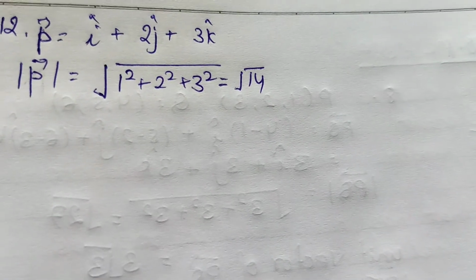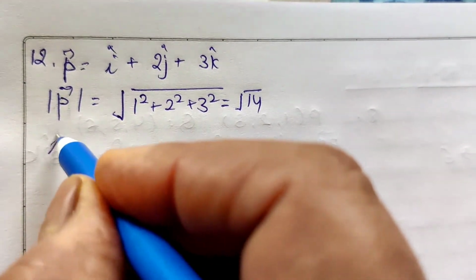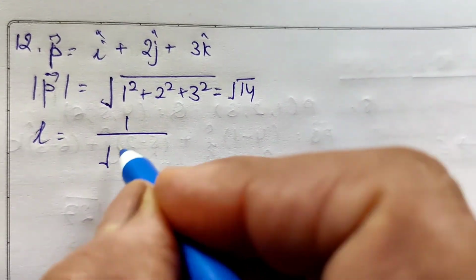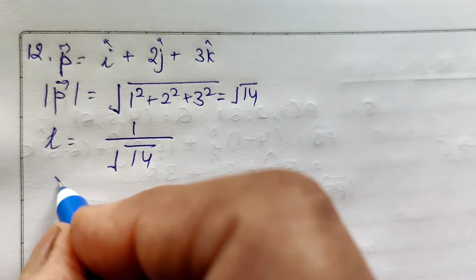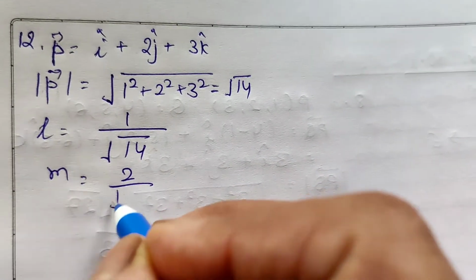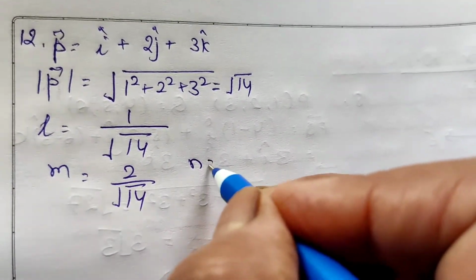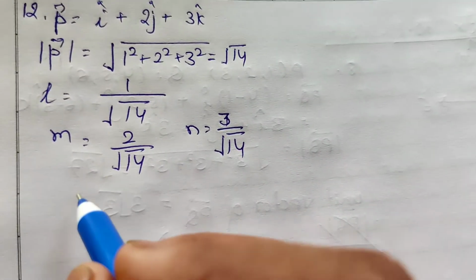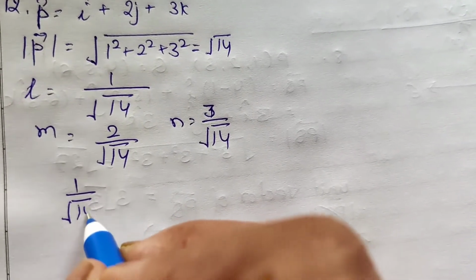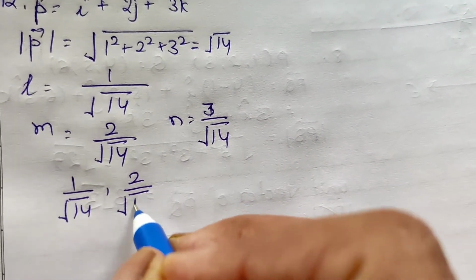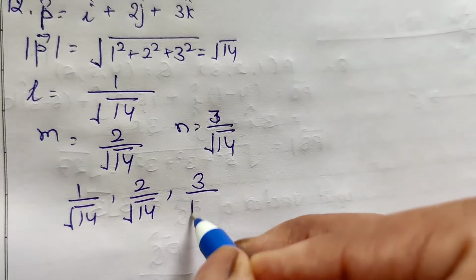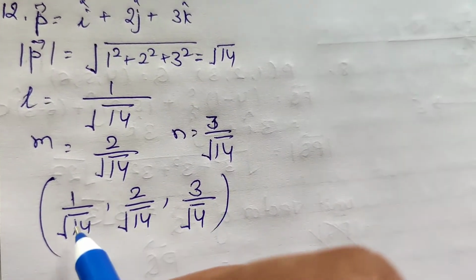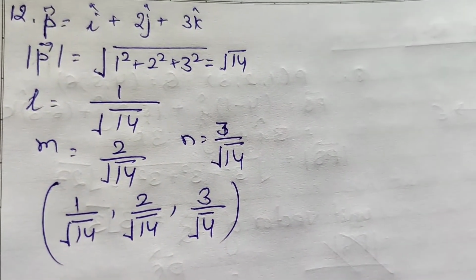Now the direction cosines l, m, n. l equal to 1 upon root 14, m equal to 2 upon root 14 and n equal to 3 upon root 14. तो डायरेक्शन कोसाइंस क्या हो गए? 1 by root 14, 2 upon root 14 and 3 upon root 14. Okay, the component x, y, z divided by the magnitude.